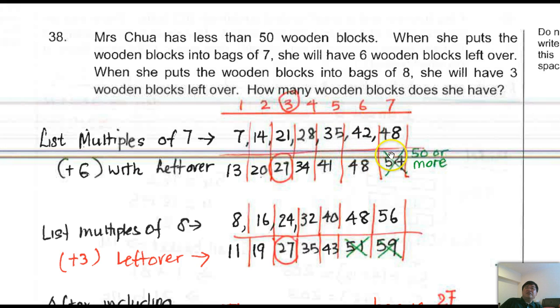Now if you see row number 7, it means you have 7 bags. Inside 7 bags, this is 49, my mistake. Maybe I just write it down for you. 7 times 7, this is 49. So 49 plus 6 is 55.